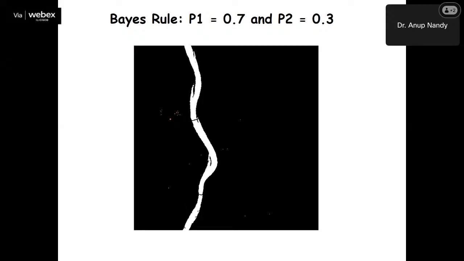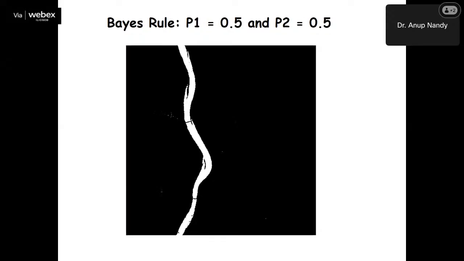If you look at my previous lecture, there is some error, I mean the probability of misclassification error. A pixel actually belongs to class 1, the river class, but it is classified in the non-river class. So this is an error. Similarly, you can have P1 equal to 0.5 and P2 equal to 0.5. So finally, you can get these 4 different images.